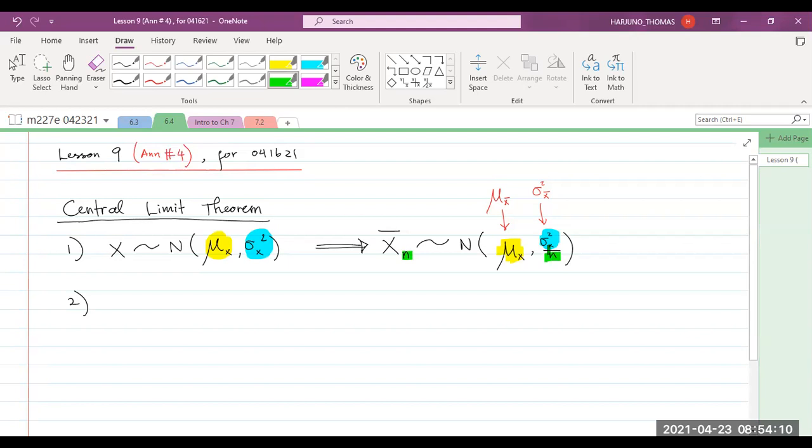We learned that from sampling distributions. What is new here is that if the underlying distribution is normal, then the sampling distribution will also be normal.